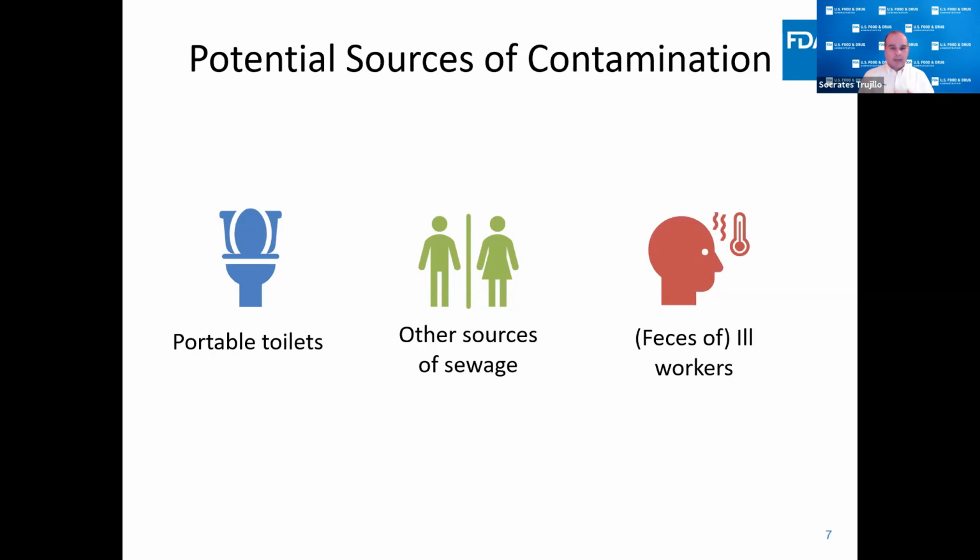Where is the portable toilet located? We will go over each one of those specific potential sources of contamination. But remember, not only portable toilets are sources of sewage, or human waste. So when you are visiting a farm or a packing house, the important part is to pay attention to all the sources of sewage.